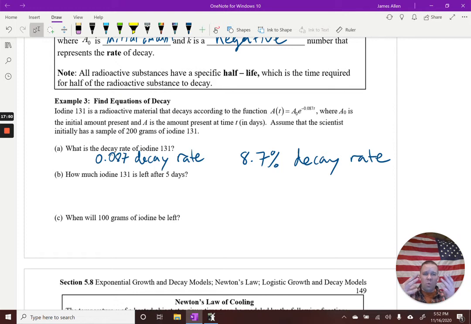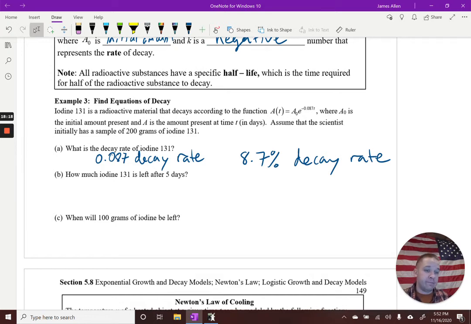Well, we're saying decay rate, so we're already saying that it's going down. Having a negative and a negative makes a positive. We don't want to do that. Since we say 8.7% decay rate, we're saying it's decreasing at a rate of 8.7%. Don't add an extra negative, okay? Two negatives make a positive. We don't want that.